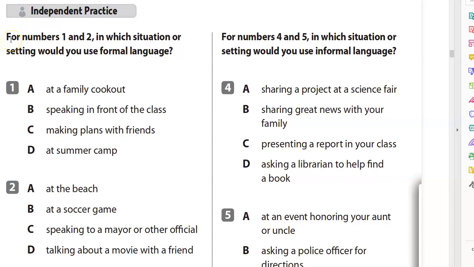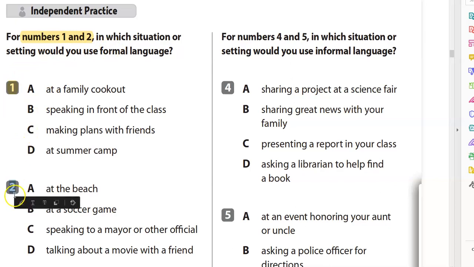So the first part of the directions say, for numbers 1 and 2, in which situation or setting would you use formal language? So we know that these directions are just for numbers 1 and 2. So when I'm looking at number 1, I want to use these directions.